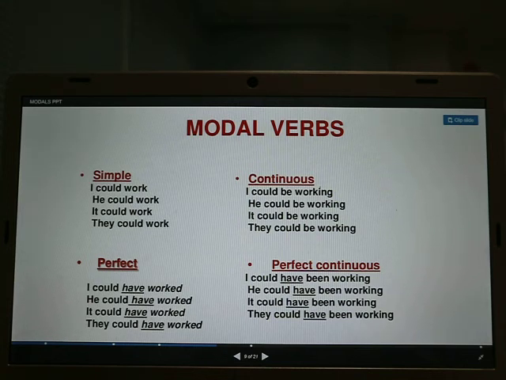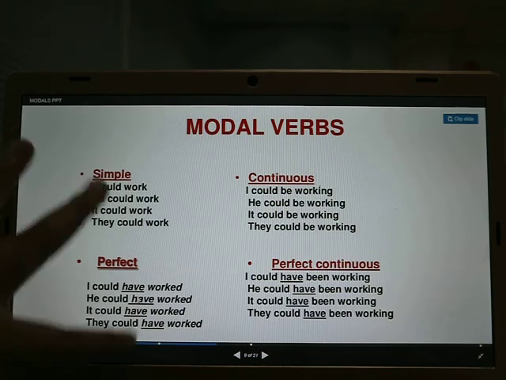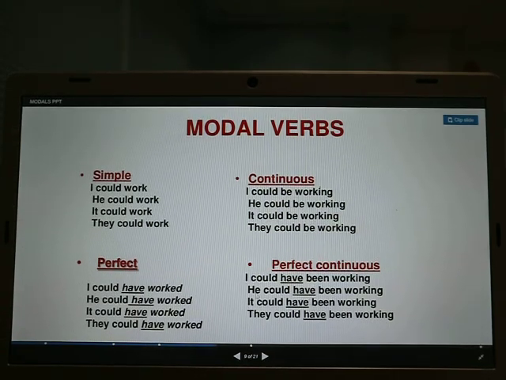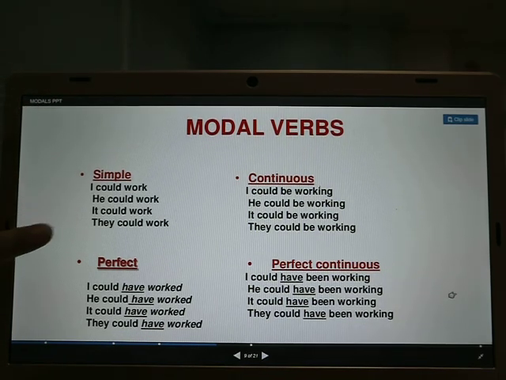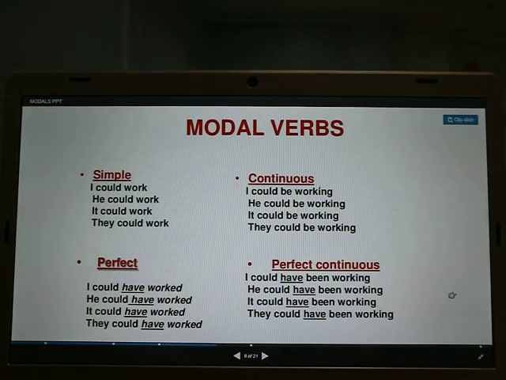So here they used the word work with ed because it's a past tense. So they used have, and then a perfect continuous: I could have been working, he could have been working, it could have been working, and they could have been working. Okay. So the difference here, I think this one is for future and this one is past. Okay?